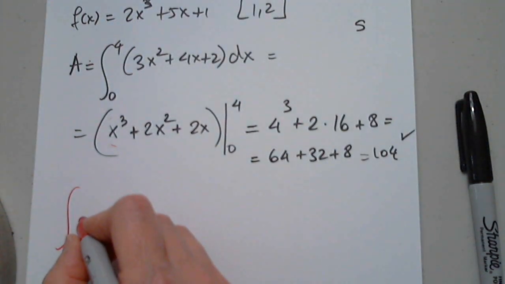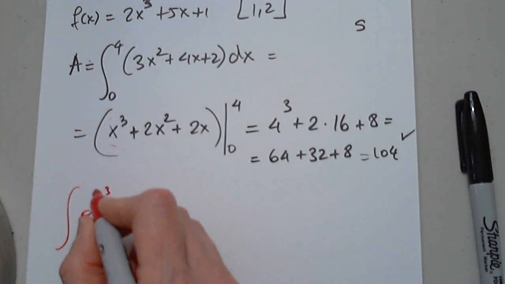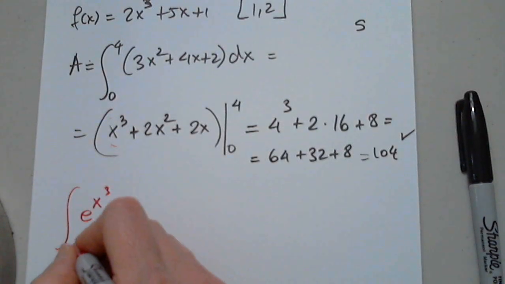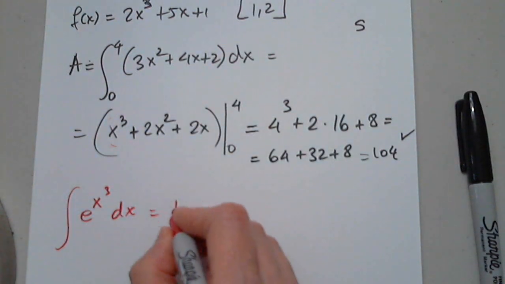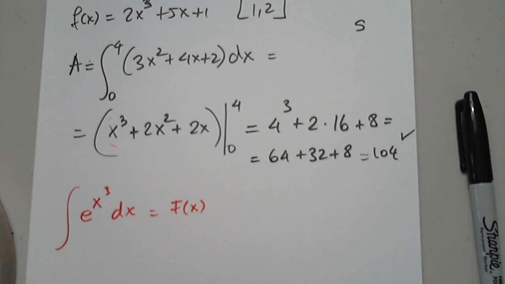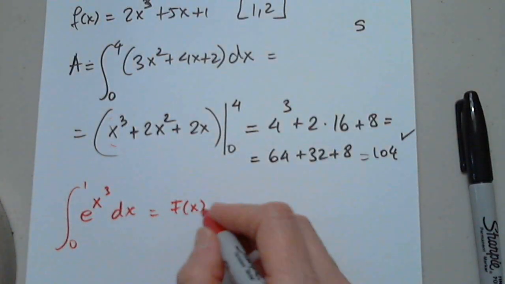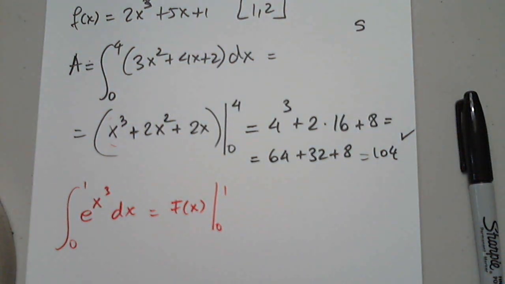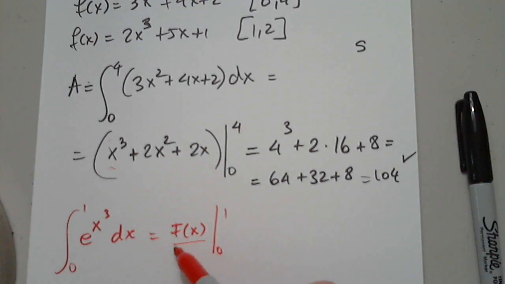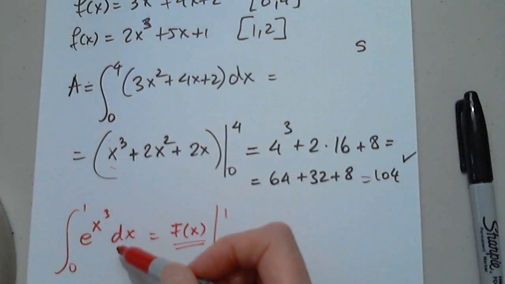For example, e to x cubed dx from, say, 0 to 1, you're not going to be able to find f of x. It's not possible by hand. So the antiderivative is eluding us here. We can't find this. But we will be able to approximate it.